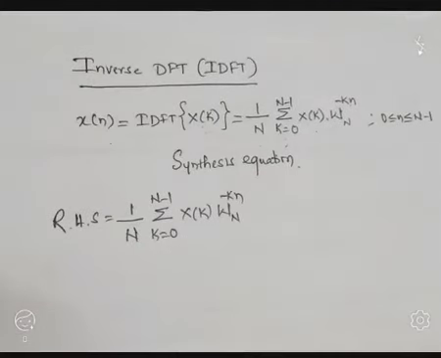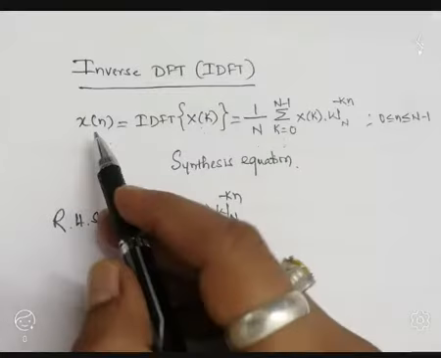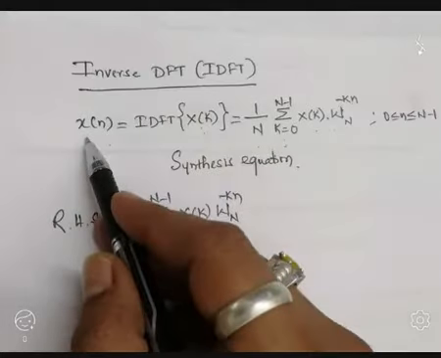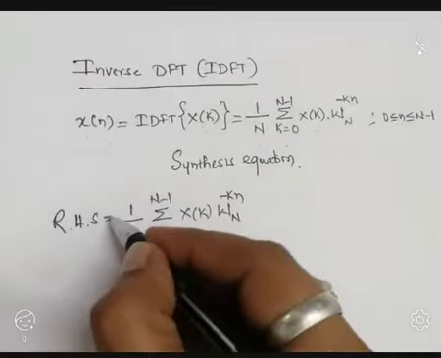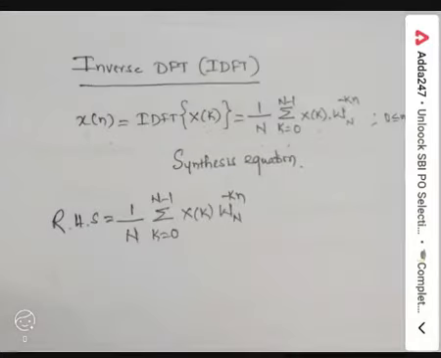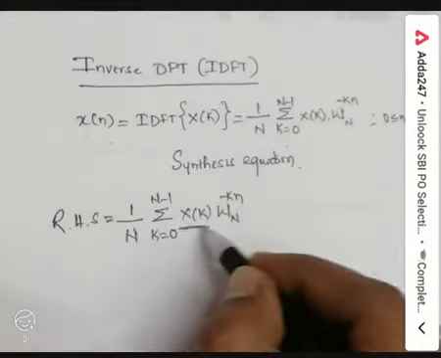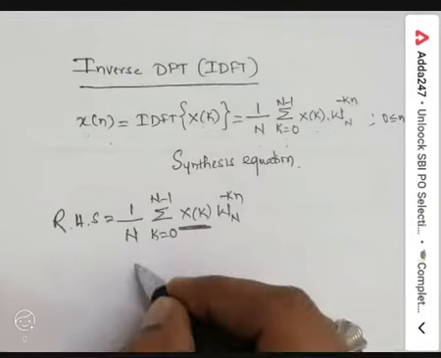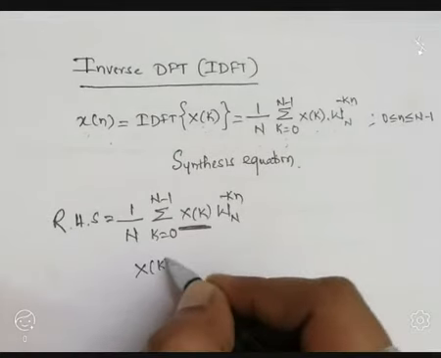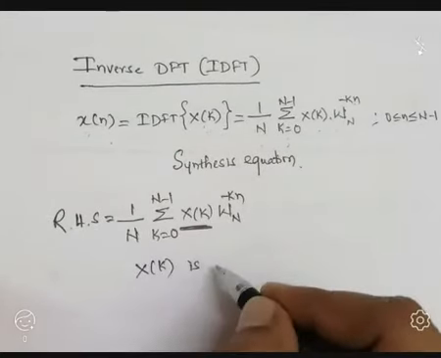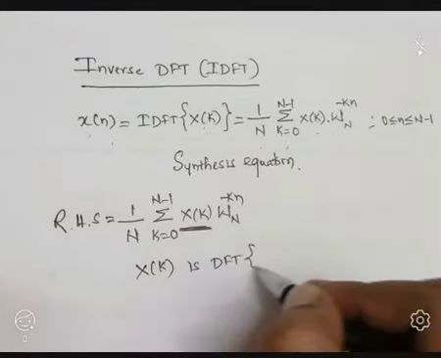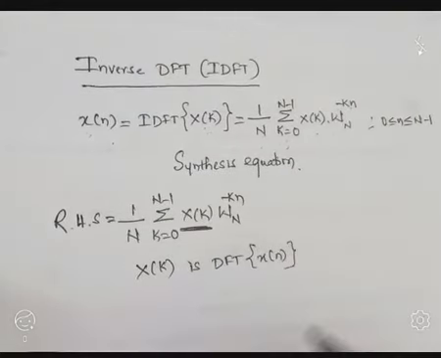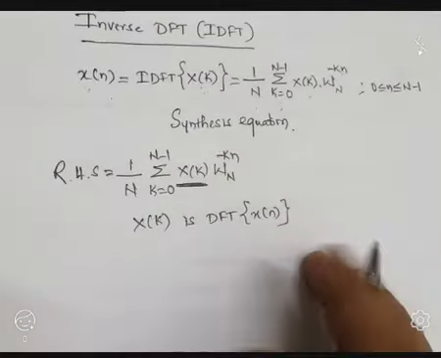Here I have taken the RHS term, and after simplifying this one, we are supposed to get the answer as x of n. Now what does X of k stand for? X of k is the DFT of the discrete time signal x of n.